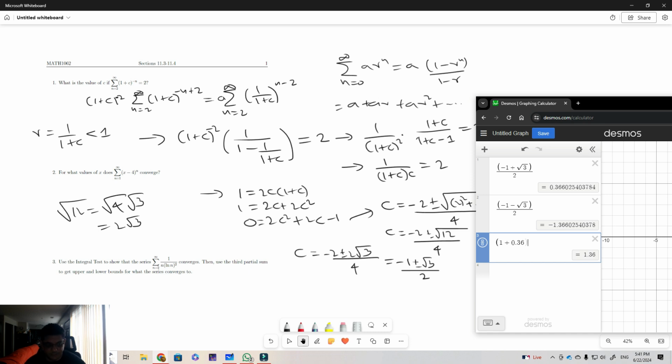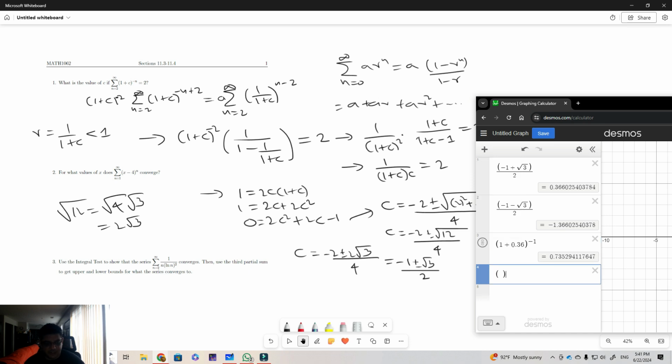But doing this to the minus 1 will be 0.735. So this is a good candidate to make this series convergent. So this one is a good value of C.